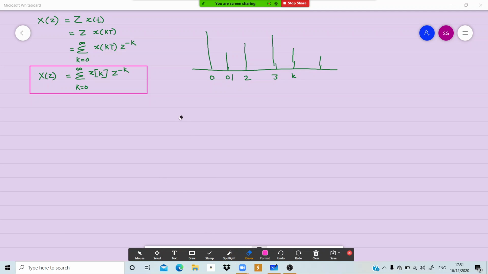Fine. Now the next thing is, there are some standard signals for which we want to get the value of the z transform.